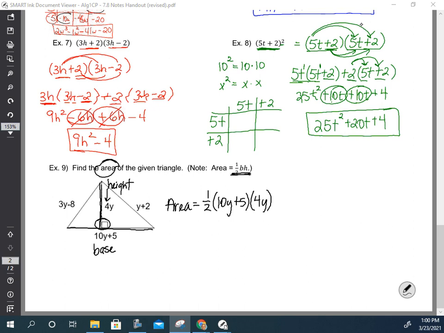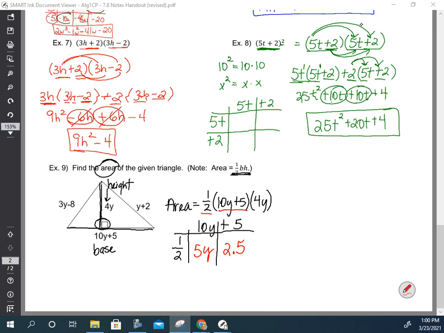So you have 1/2 and you've got 10y plus 5. So that's 1/2 times 10y, which is 5y, and then 1/2 times 5, which is 2.5.